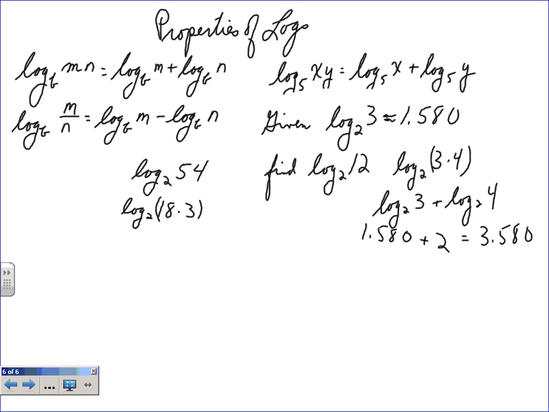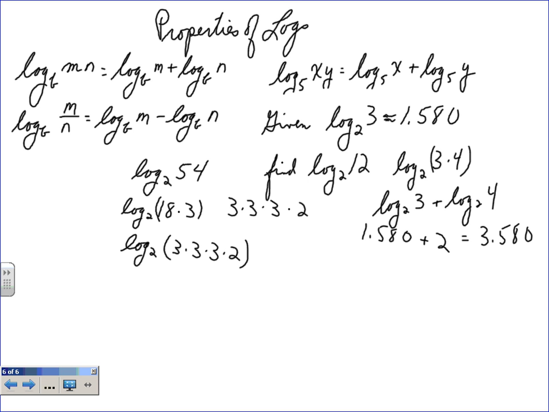Look. 3 times 3? 9 times 3? 9 times 3 is 27. 27 times 2. Because I want to write everything that I know. And so I'm going to use log base 2 of 3 times 3 times 3 times 2.